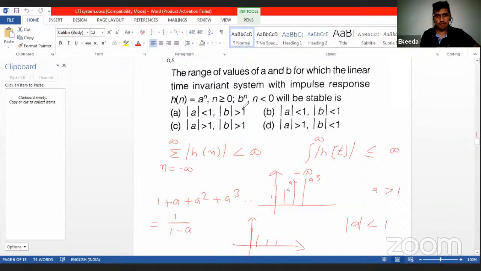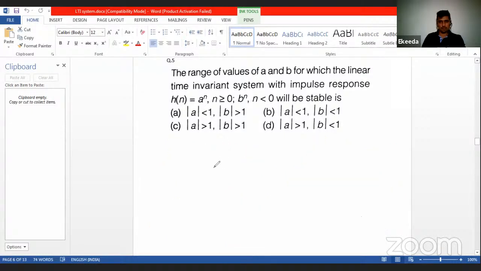And for n less than 0, the impulse response is this. Suppose we plot the same. In the n less than 0 condition, Hn can simply be written as A^n times U[n] plus B^n times U[minus n].